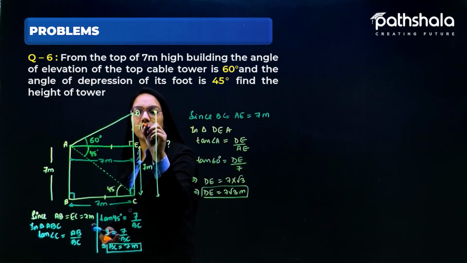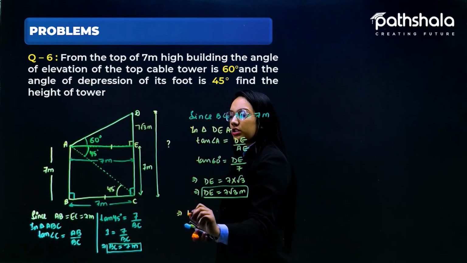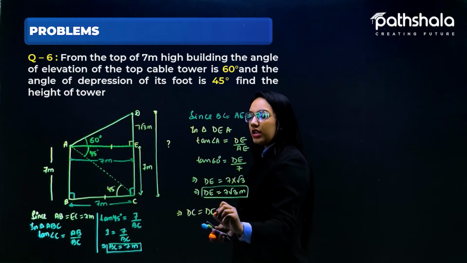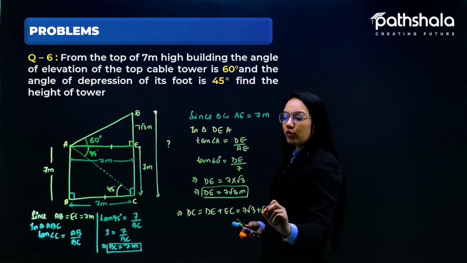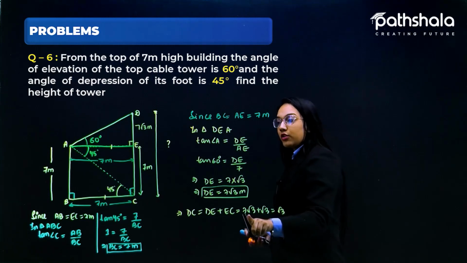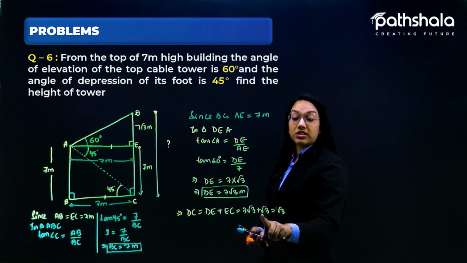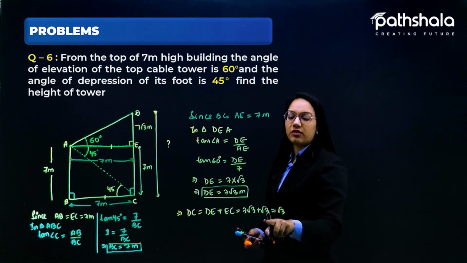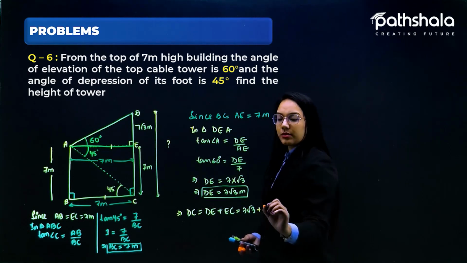If DE is 7 root 3 meters, then the total height DC is equal to DE plus EC, which is 7 root 3 plus EC. EC is 7 meters.